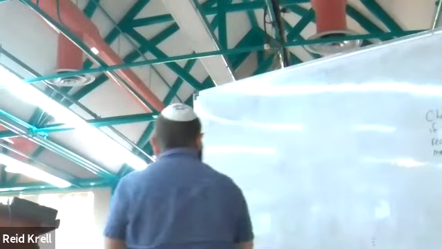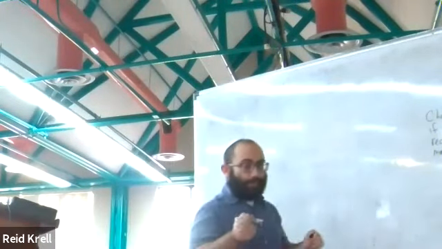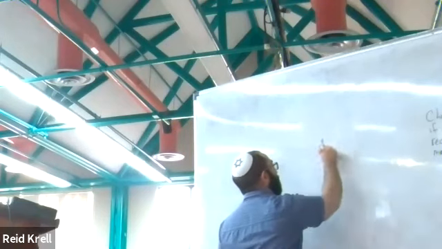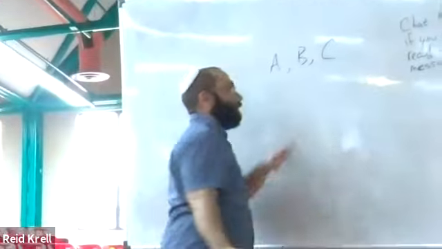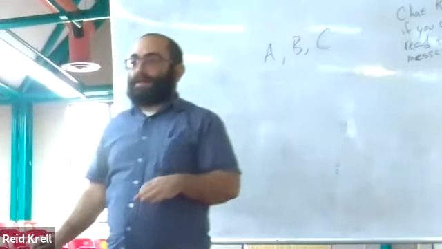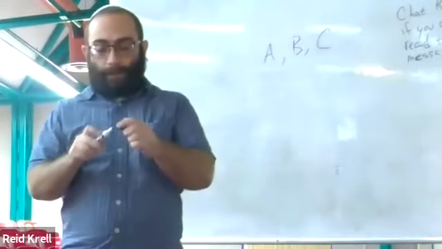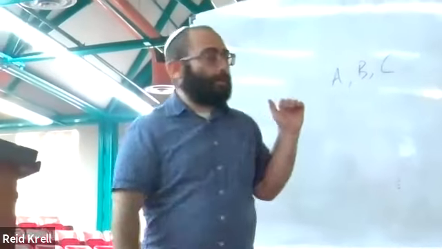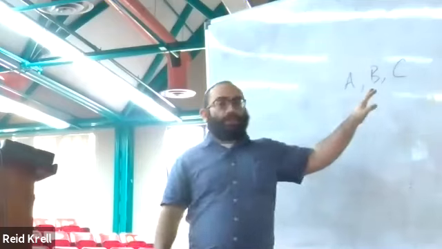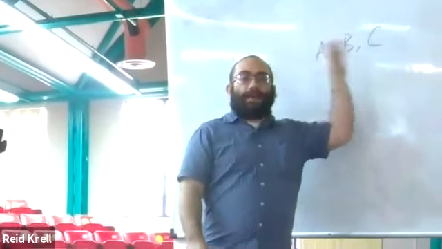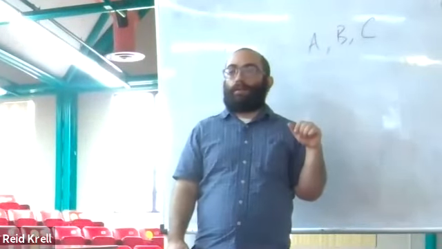Okay, so let's start by reviewing an idea. Let's say that we have a piece of property and it's held by A, B, and C as joint tenants. So let's say that these three folks sell the piece of property.